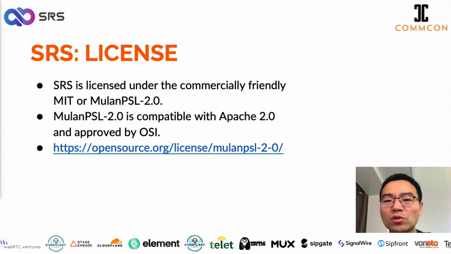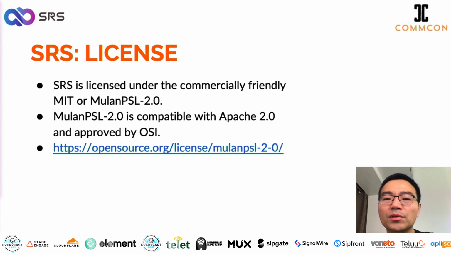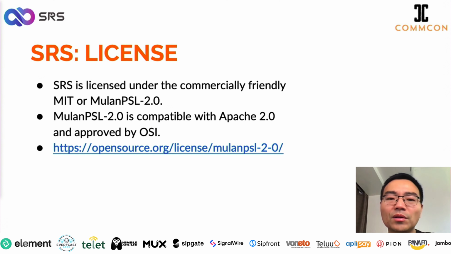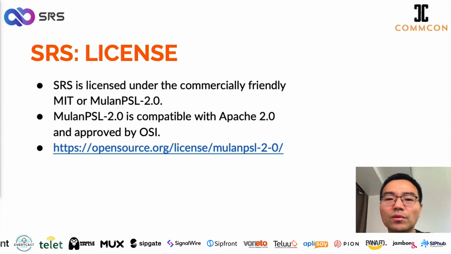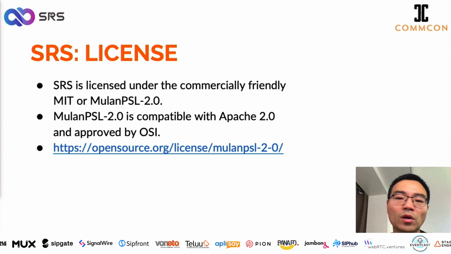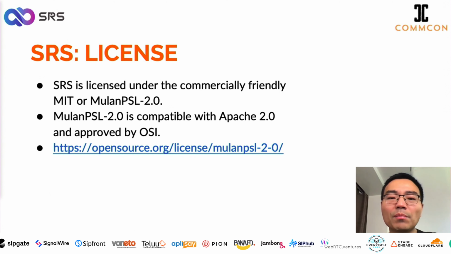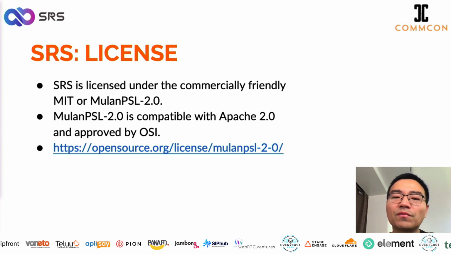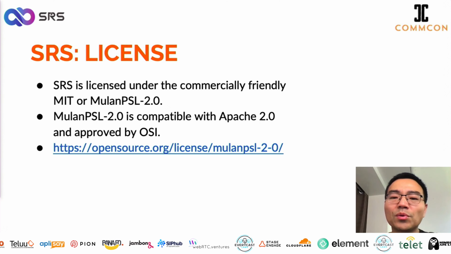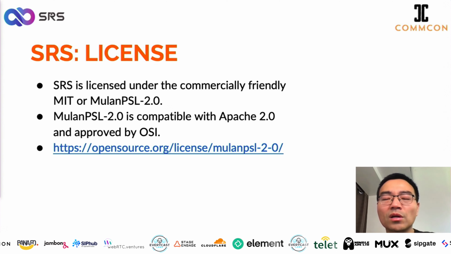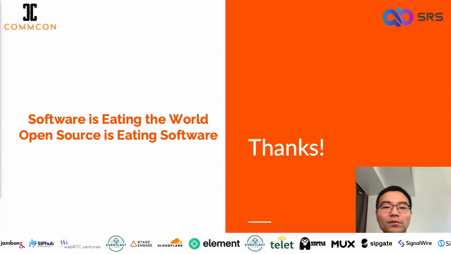The Mulan open source community also supports SRS and helps develop and incubate projects within China's startup open source community. Keep in mind that MIT and Mulan PSL licenses are business friendly. This means you can use SRS in your company or cloud service.